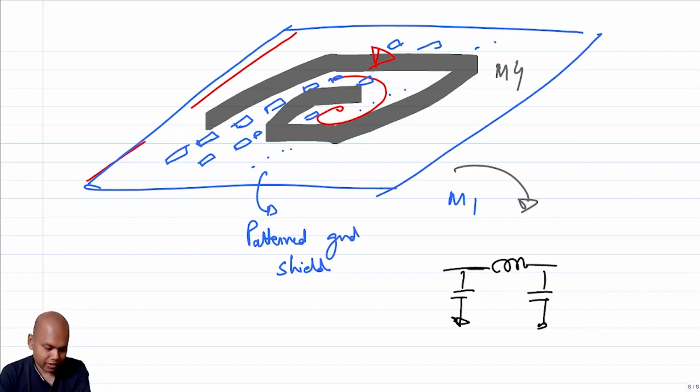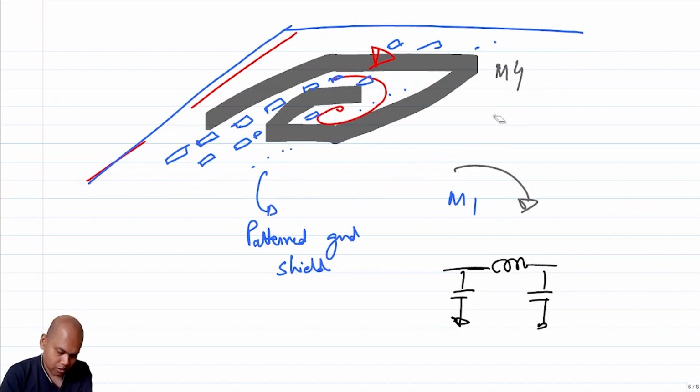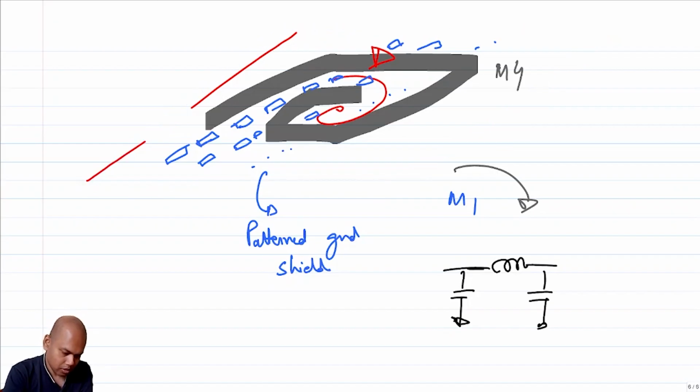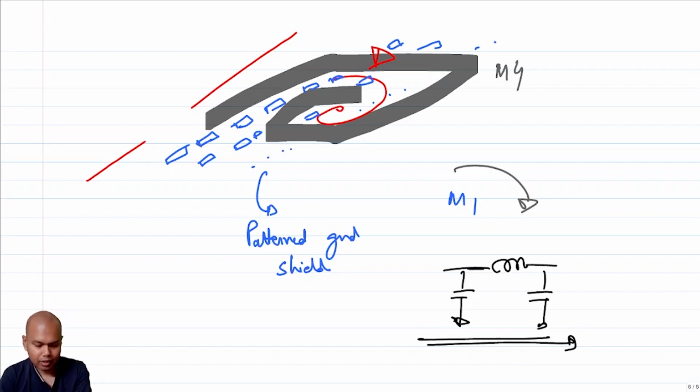If I break this and I connect all of these metals, and I connect them effectively to ground, I get this effect, but without the eddy current loops cancelling the original inductance, because there is no continuous eddy current loop that can now flow, because the metals are not continuous.